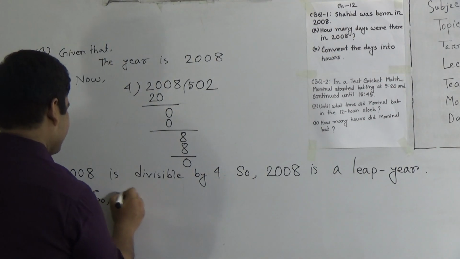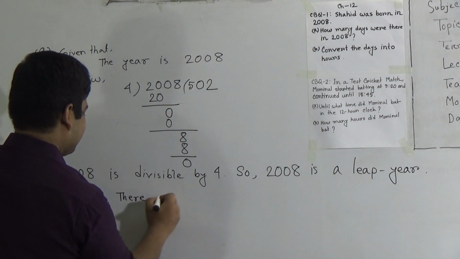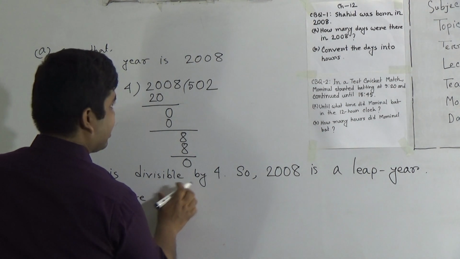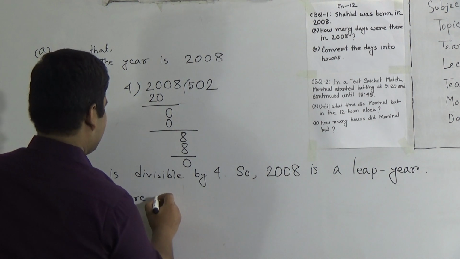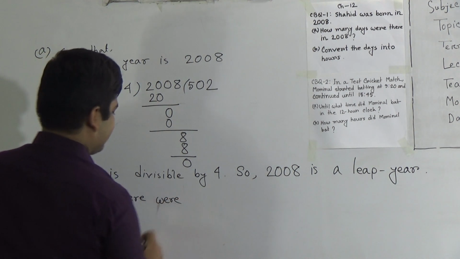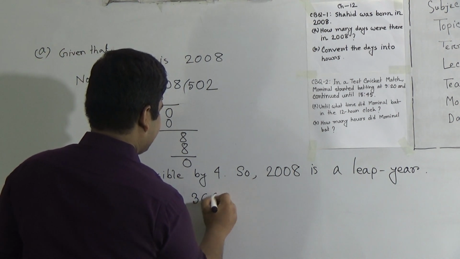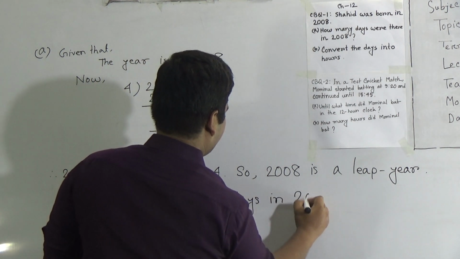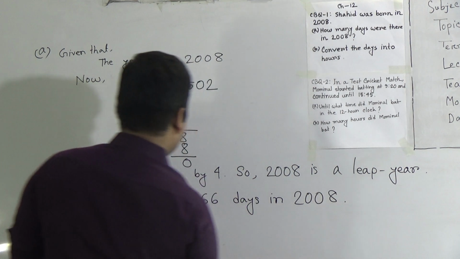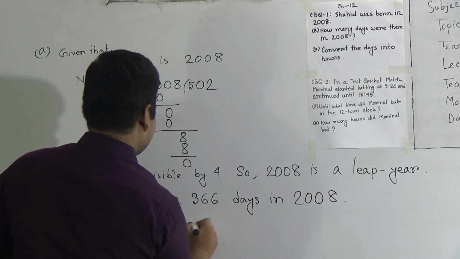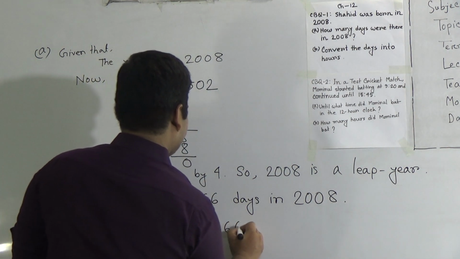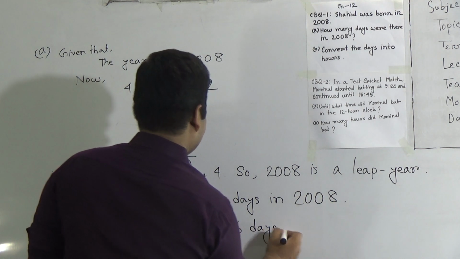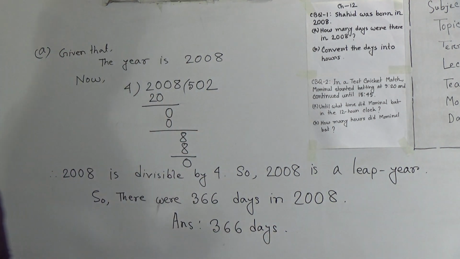So there were 366 days in 2008, and this is the answer, 366 days. I hope you have understood.